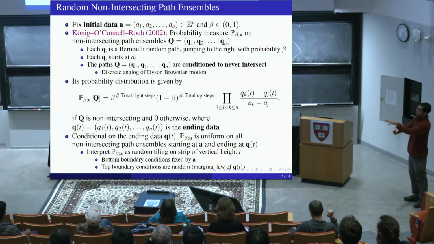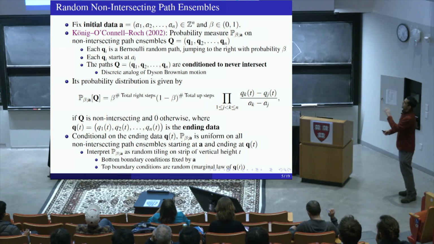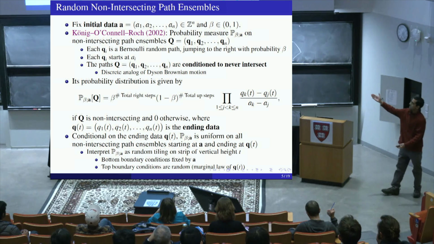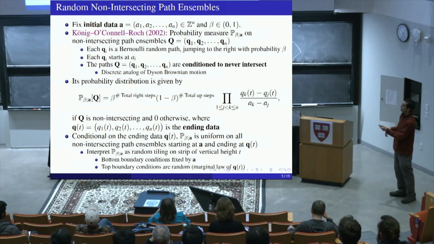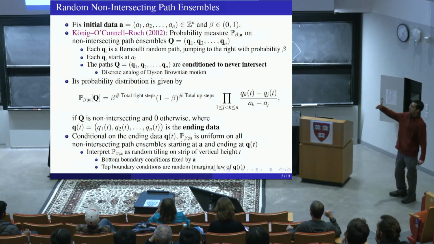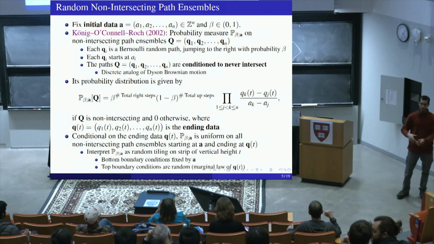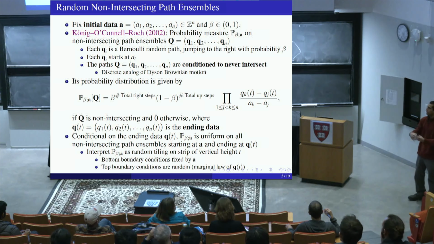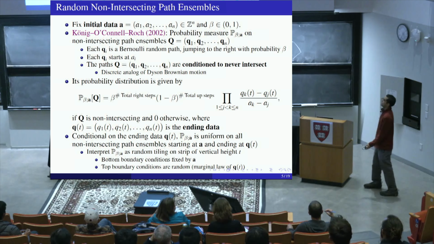If you fix the ending data, the locations of where the paths all end, then P beta, this measure, is uniform on all non-intersecting paths conditioned so that each path starts at Ai and ends at Qt. So you can view P beta of A as a random tiling on a vertical strip of height t, where the bottom boundary conditions are fixed by A and the top boundary conditions are random. You randomize over the top boundary, but if I condition on the top boundary, then it becomes a uniformly random lozenge tiling once again.